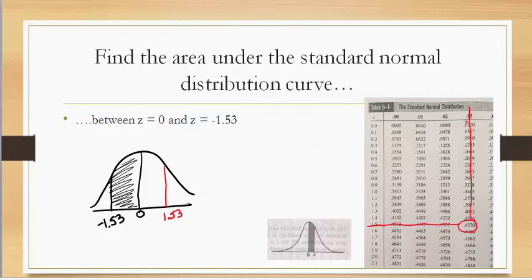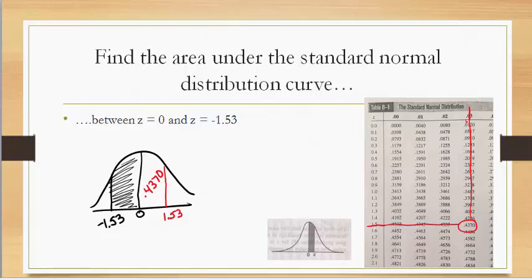And so we know that if we look up something in the table, it gives us the area from 0 to the number that we looked up. Remember that it has to match our picture. So from 0 to positive 1.53 is 0.4370. So right in here is 0.4370. And then I would normally ask you, how do we use that to find the left-hand portion? Well, remember when we talked about the characteristics for normal distribution curves, we said that the curve was symmetric with respect to the mean, which meant that the left-hand side of the curve and the right-hand side of the curve were symmetric, or that they were equal.